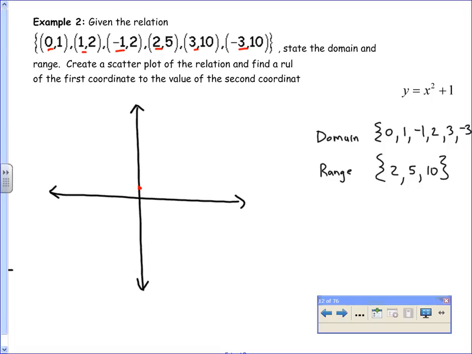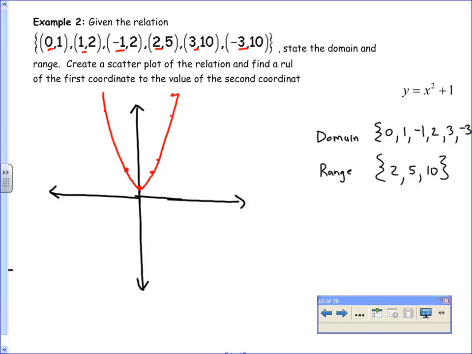If I plot 0, 1, it's somewhere around here, and then I've got the point 1, 2, so that's 1 over, 2 up, and then -1, 2 would be here. This is not supposed to be a point right here, so let's erase that and fix this. Then we have the point 2, 5, somewhere in there, and then we've got 3, 10, and -3, 10.